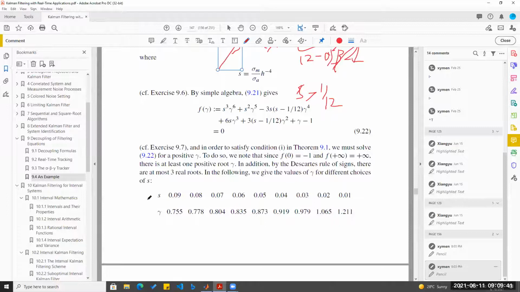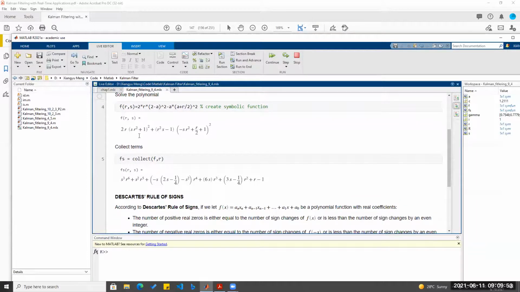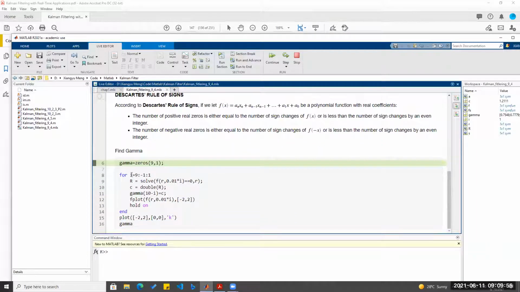We assign s from 0.09 until 0.01. Here we assign i from 9 to 1, then times 0.01, so it goes from 0.09 until 0.01. We assign this value to 0, then we solve this polynomial for gamma, and assign the value to r.